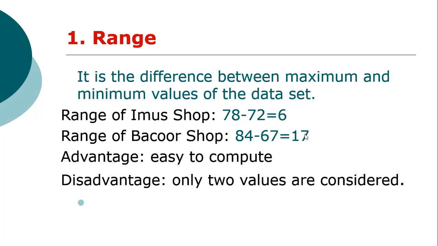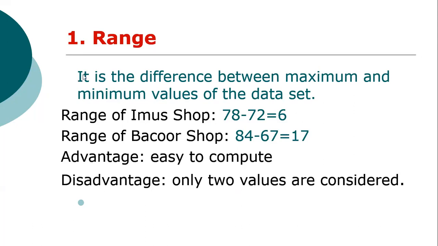So, ang titingnan natin dito kung sino yung mas mababang value. And we can see that Imus has a lower value. That means kapag mas mababa ang value ng measures of variability, mas consistent yung performance.